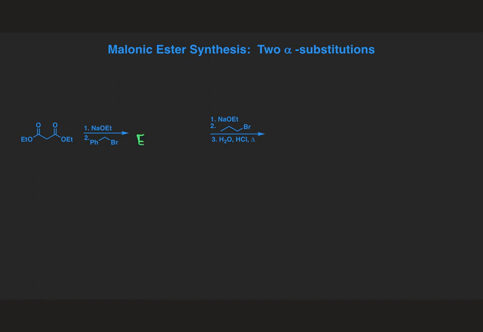And so the first intermediate is going to be that. And then in steps 1 and 2, in the next series of reactions here, we're going to alkylate again.